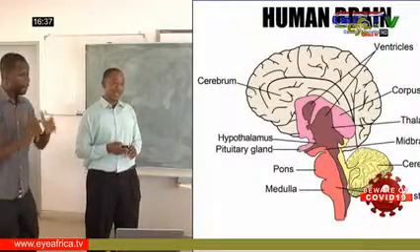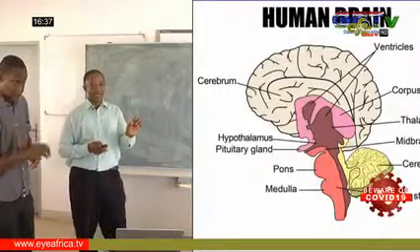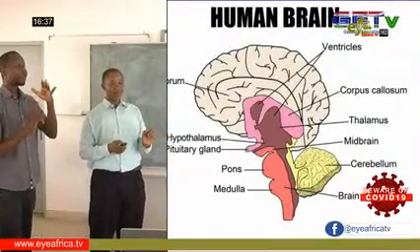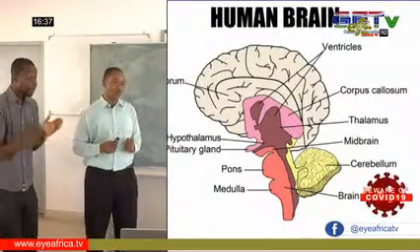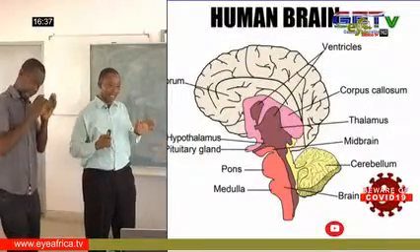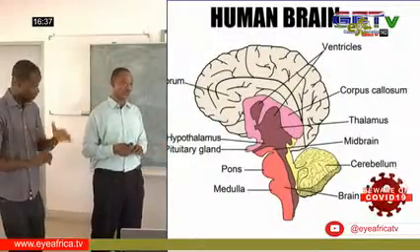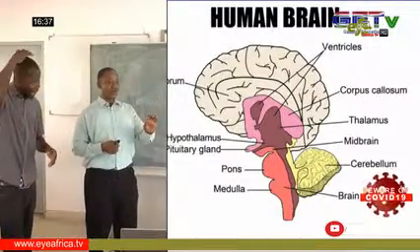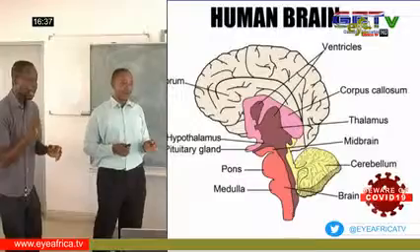Another important area I want us to look at is the yellow part, the cerebellum. It's very important because it is the one that helps to control our motor muscles. If you're walking, running, jumping, lying down, whatever, it plays a very important part in controlling your muscles. The brain stem is made up of the pons and the medulla.